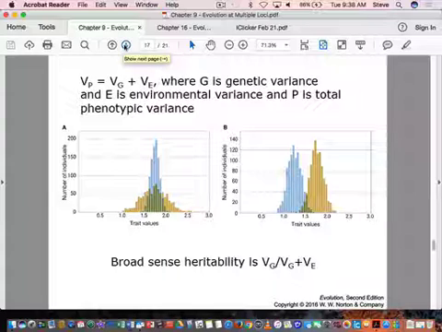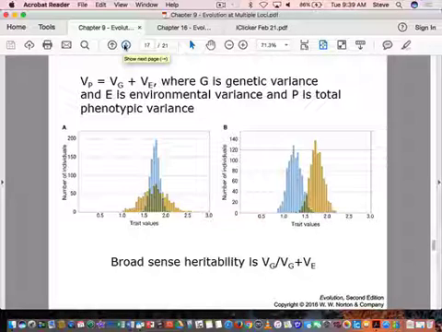Okay. We're going to characterize that V sub P basically means the phenotypic variance. So the P represents phenotypic. The phenotypic variability that you see in a population, whether it's size of tomatoes, length of bills, width of bills, whatever quantitative trait we're looking at, is attributable to two main causes.